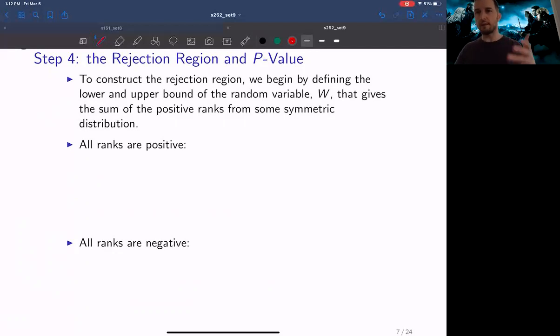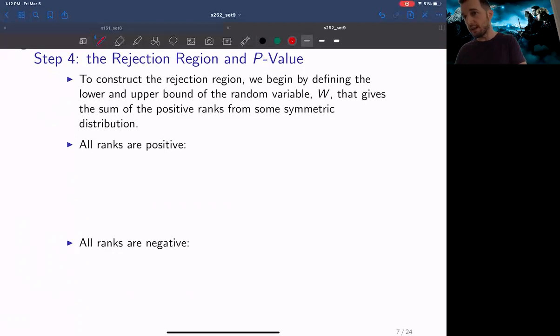So what I mean is, if you think back to any of the hypothesis tests we've seen so far, when we did a 2-sample t-test, the distribution that we used to find the p-value or the critical value was the student t distribution. When we did ANOVAs, the distribution that we used to find the critical value or the p-value was the f distribution.